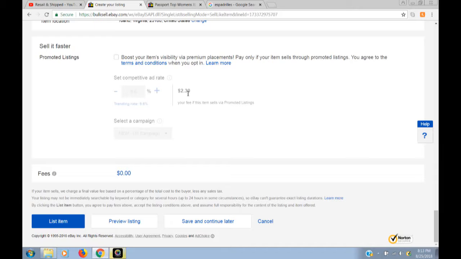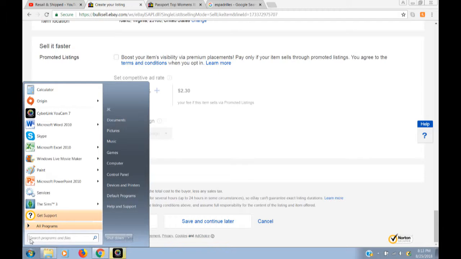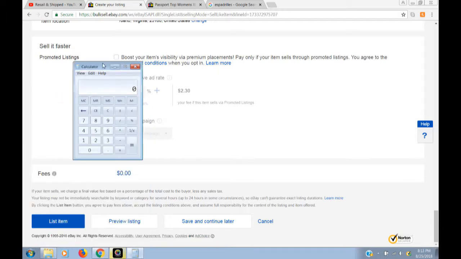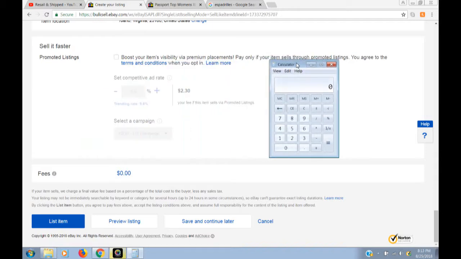So for example, I could show you with a calculator. So let's pull it up. Say I sold them, and this is kind of important to know when you're listing your things too. Say I sold them for $24, right? And then I have to consider that eBay takes 10% and PayPal is another 3%, and then they also have a 30 cent fee. So I'm going to do times 0.13.